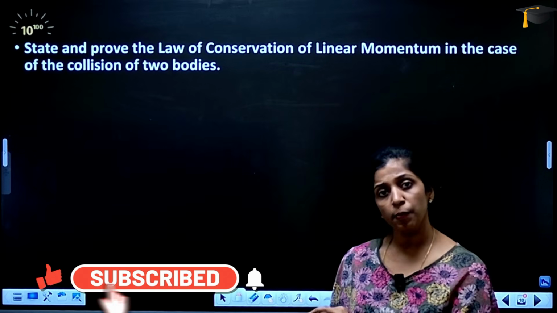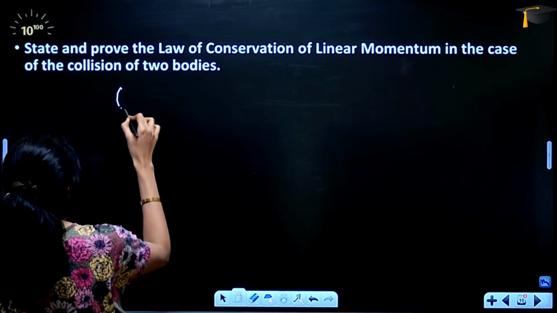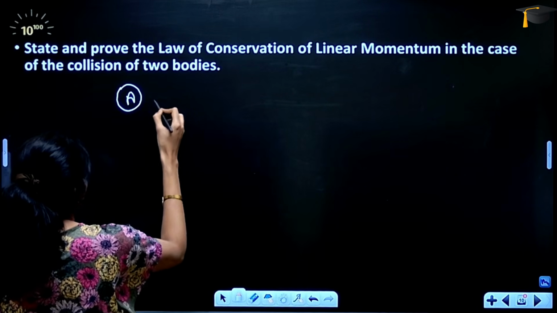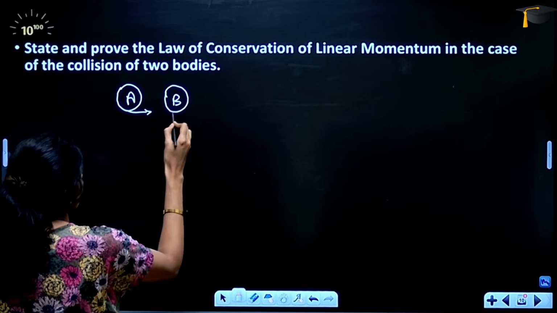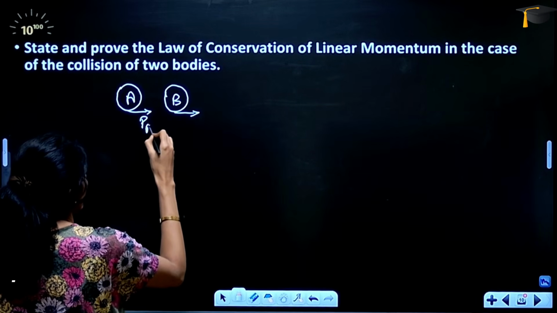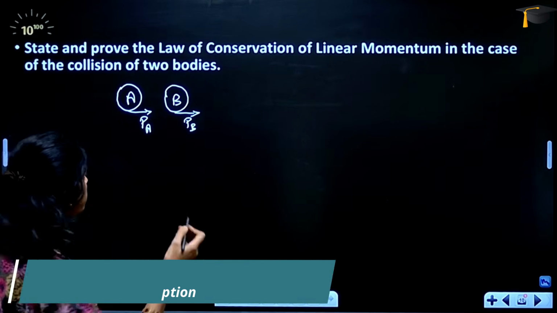Here we will be taking the collision of two bodies. I'll take two bodies, one body A and the other object B. They are moving with some momentum PA and PB initially.